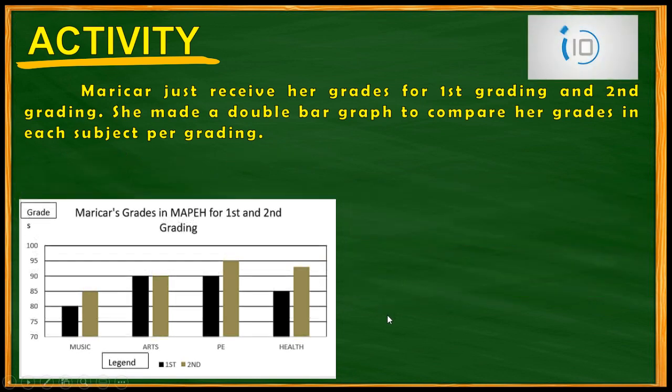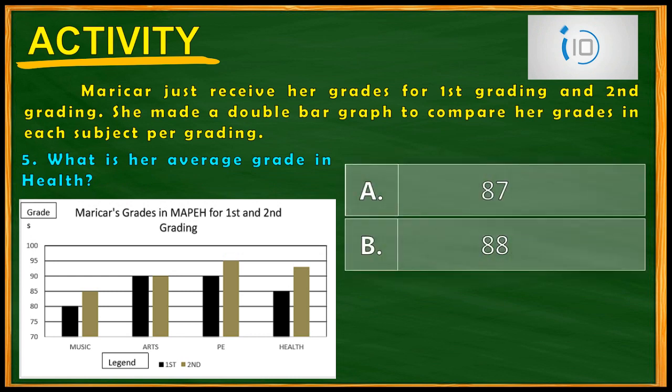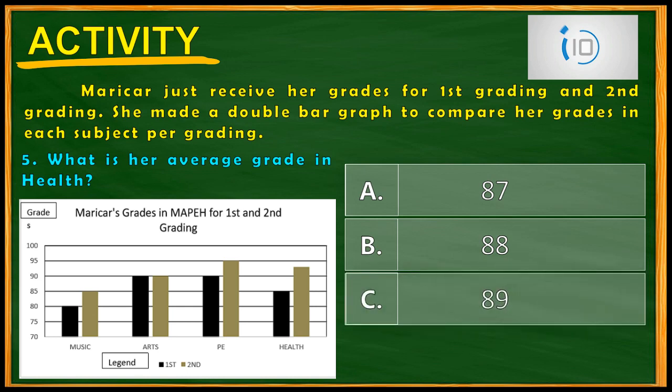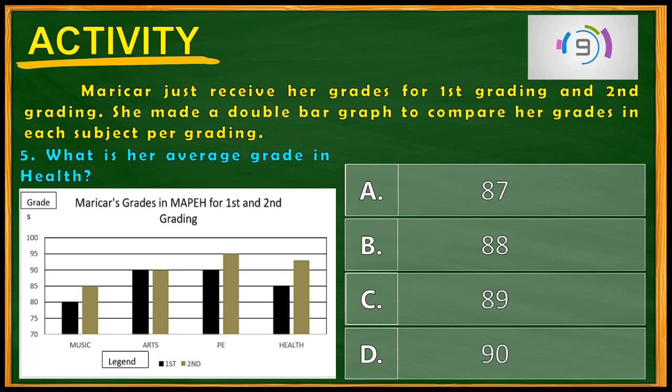And then for question number 5, what is her average grade in health? Is it letter A, 87, B, 88, C, 89, D, 90? You have 10 seconds. Starts now. This should be health. Time's up.